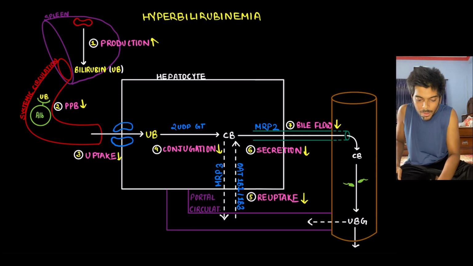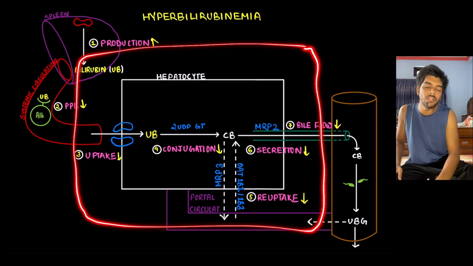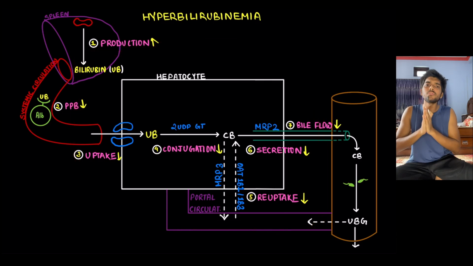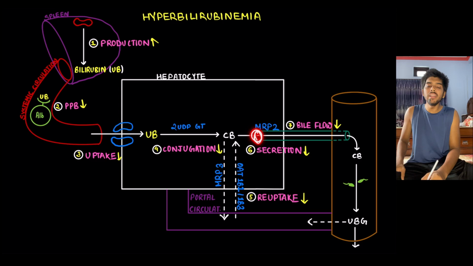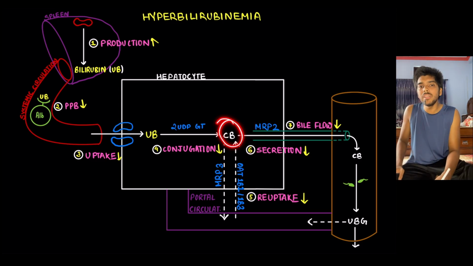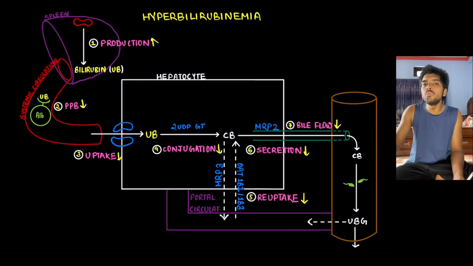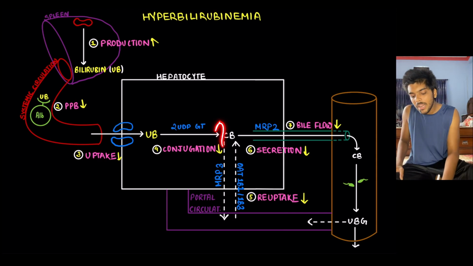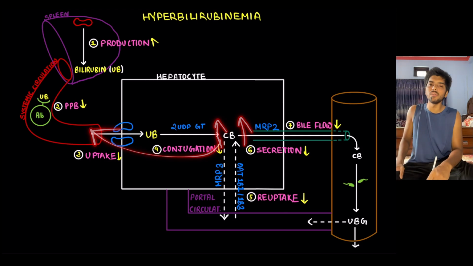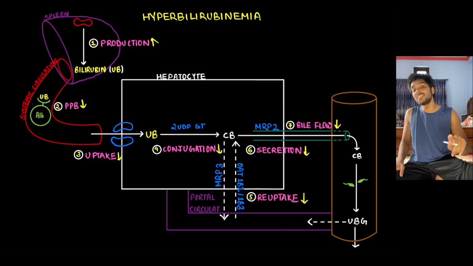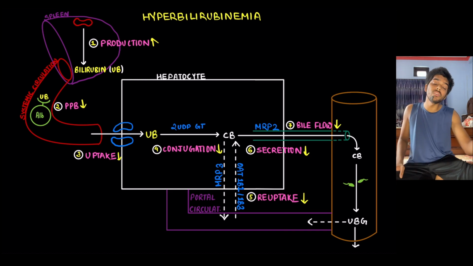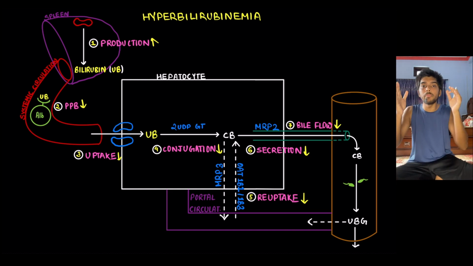Since there is inflammation, there is increment in the size of the cell. These cells press against one another and they also press the biliary canaliculi, leading to obstruction in the biliary canaliculi. As a result, the conjugated bilirubin is unable to be excreted out of the cell. So it gets accumulated in the cell, and the accumulated conjugated bilirubin gets pushed into the circulation as well. As a result, there is increase in the level of conjugated bilirubin, or conjugated hyperbilirubinemia. There is both, brother, there is both.